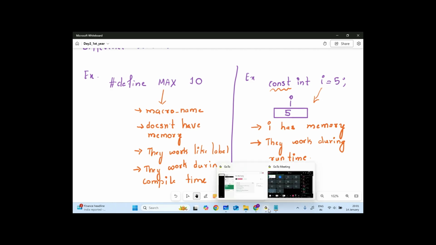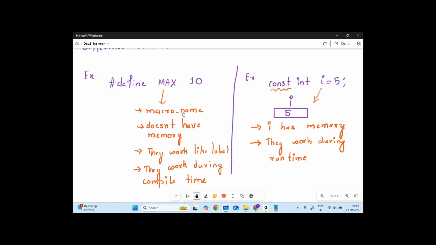Has everybody understood both these preprocessor directives? It is not like one is good to use and the other is not. Since #define works during compile time, it is faster in computation and it reduces the execution time.